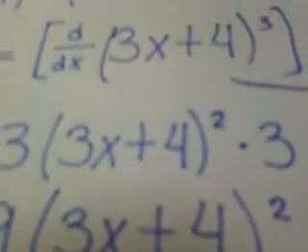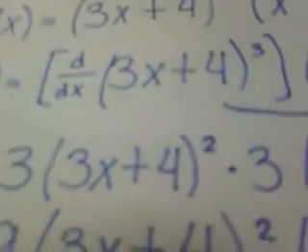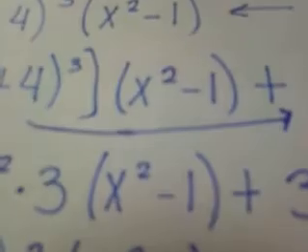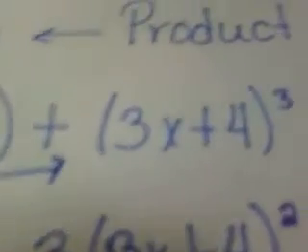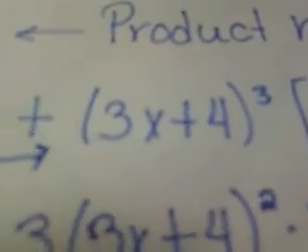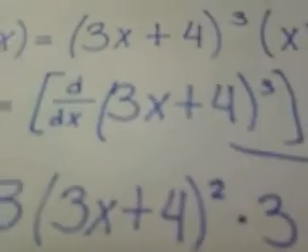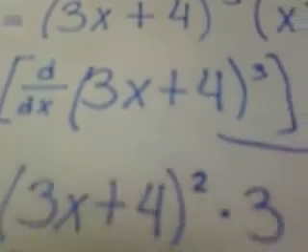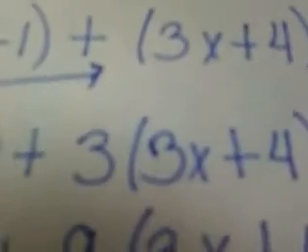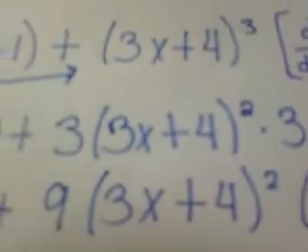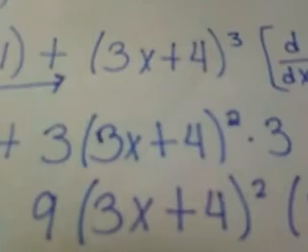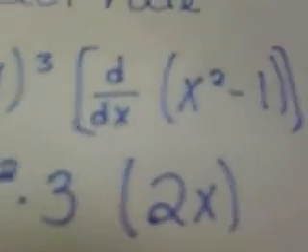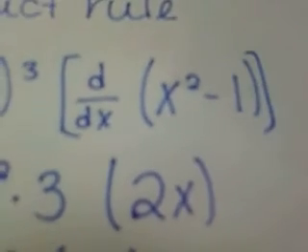That's what we have here. Now, x squared minus 1 stays the same, plus, now here, as you can see, we can leave it like that, or we can use the generalized power rule we used for this little part over here, and do the same thing, see? And then d over dx of x squared minus 1 comes out being 2x.